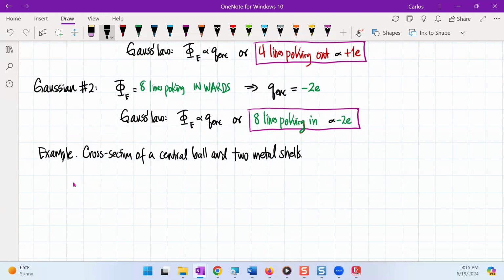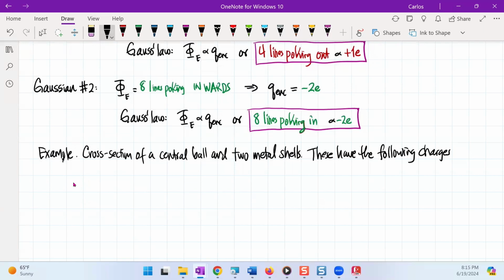So what I'm thinking about here is that central metal ball has a charge on it. These have the following charges.